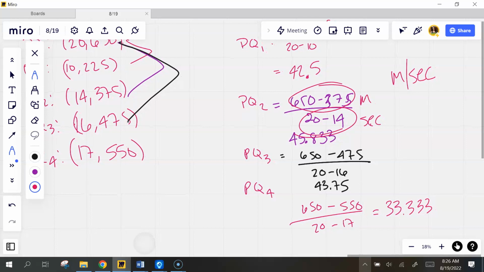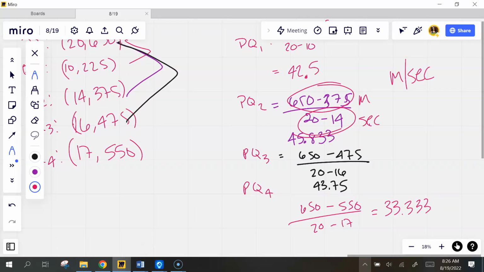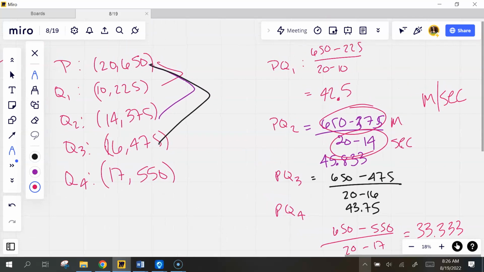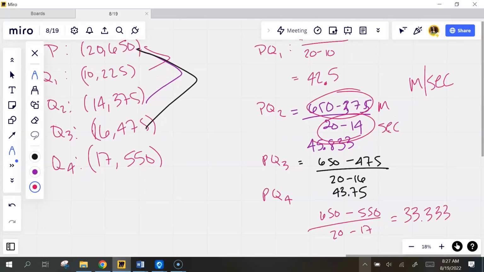Close. 650 minus 475 divided by... I think my points must be off.